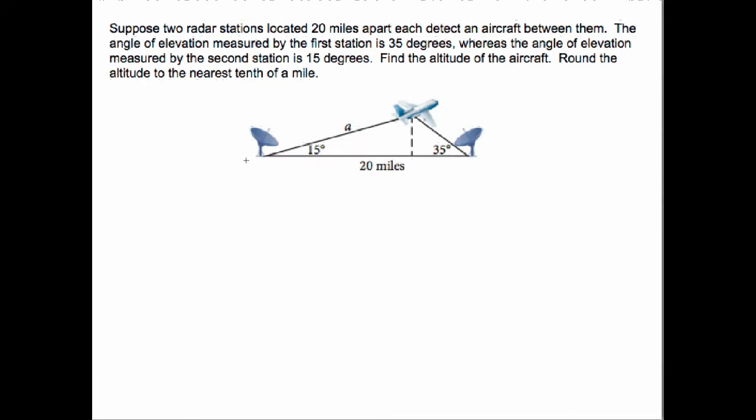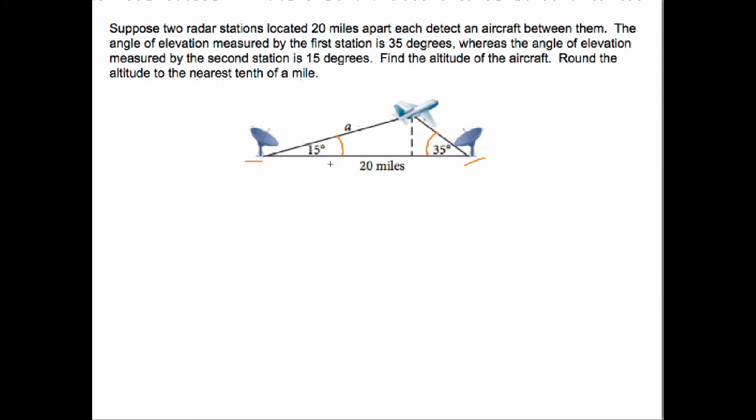Suppose two radar stations are located 20 miles apart and each detect an aircraft between them. The angle of elevation measured from the first station is 35 degrees, whereas the angle of elevation measured by the second station is 15 degrees.